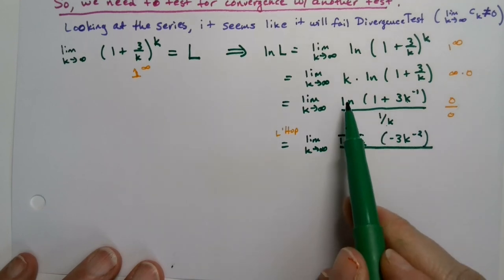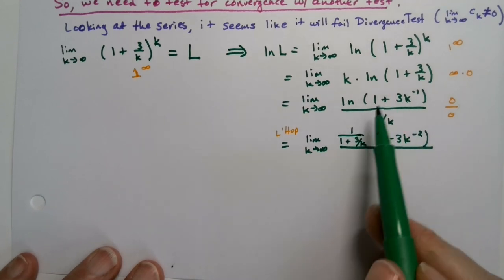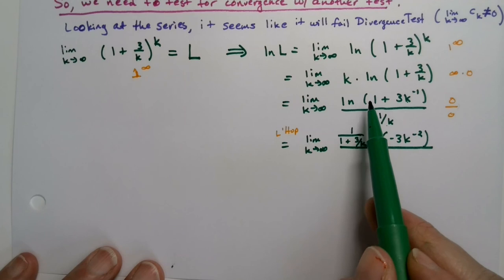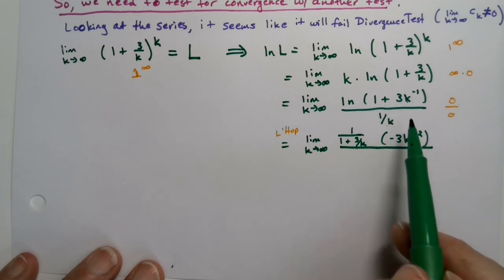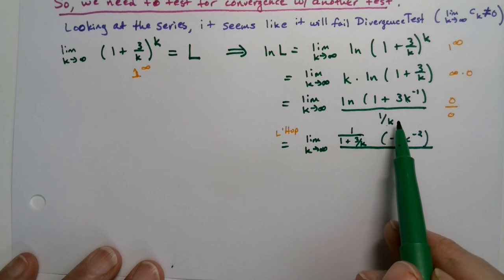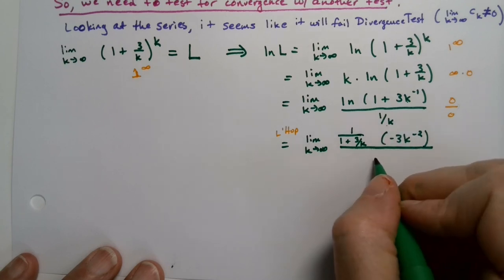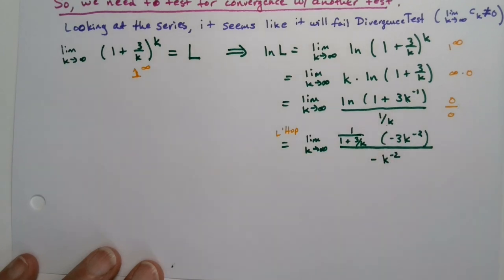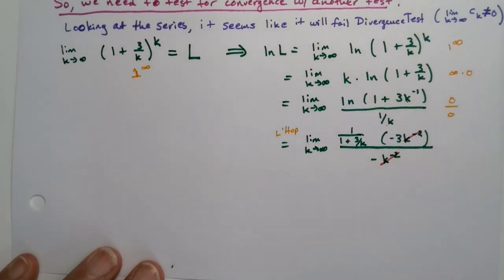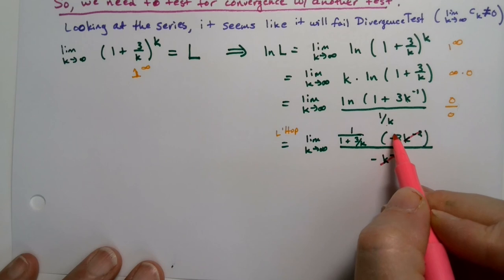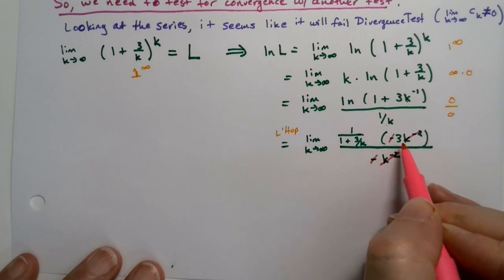So the derivative of natural log is 1 over, so you take all this stuff and put it in the denominator, and then the derivative of 3k to the negative 1 is negative 3k to the negative 2. And this, of course, is k to the negative 1, so the derivative of that is negative k to the negative 2. These will divide away, right? And so will the negatives here as well. So it'll just leave us 3.